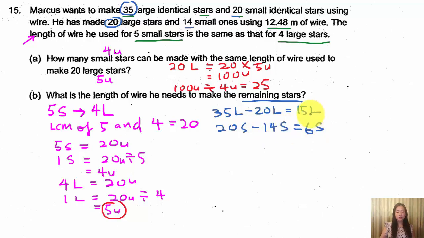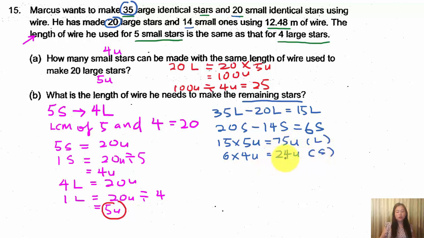So what is 15 large stars in terms of units? It will be 15 multiplied by 5 units, and this is actually 75 units for the large stars, and 6 multiplied by 4 units, which is equal to 24 units, which is for the small stars.